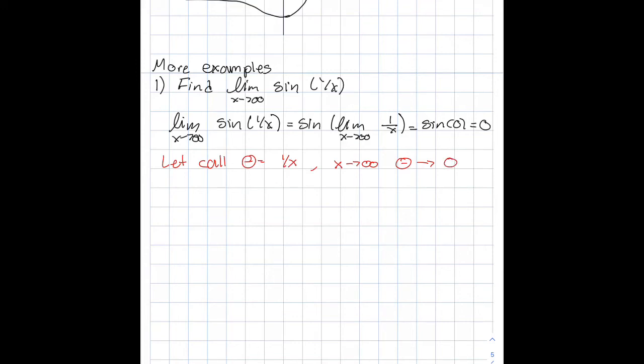Goes to 0, from the left or the right side? From the right side, positive, right? Because those numbers are never going to be negative. They're just going to get smaller and smaller positive numbers. So that's why it's 0 from the right side.